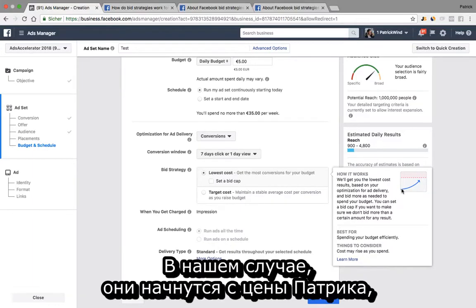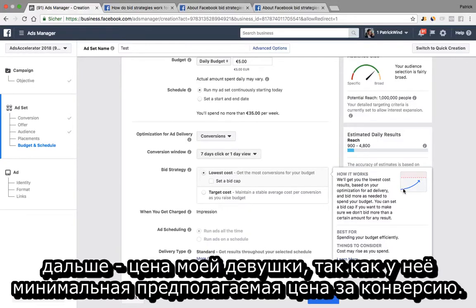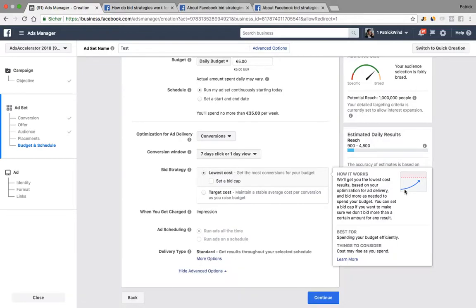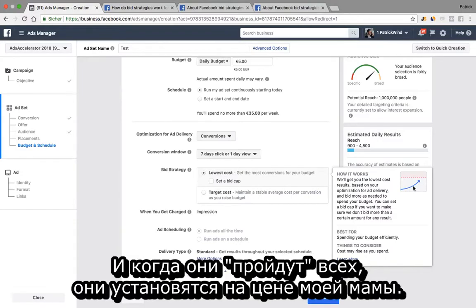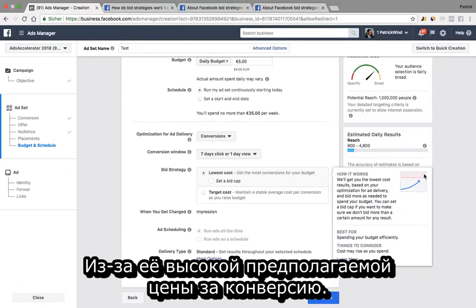So in our case it would start with my girlfriend, who had the lowest expected cost per conversion. Then it would go for Patrick, and then all the others, and once it has found all the others, it would start attacking also my mother, who had a very high expected cost per conversion.